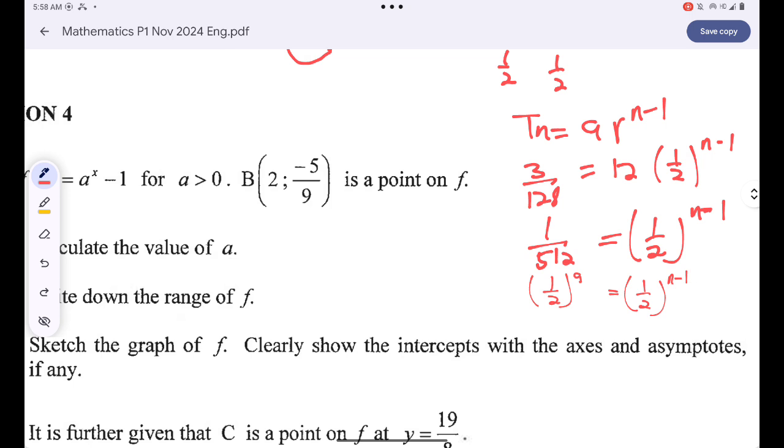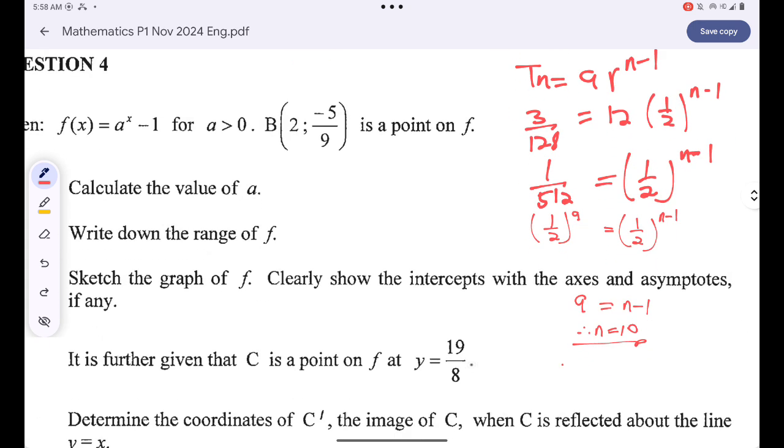Remember that, guys, the first thing we need to do if you are solving for an unknown variable and your variable is at the exponent, you must make your bases the same. And if the bases are the same, that means now the exponents are equal. So therefore, circle number 10 will simply have a diameter of 3 over 128.